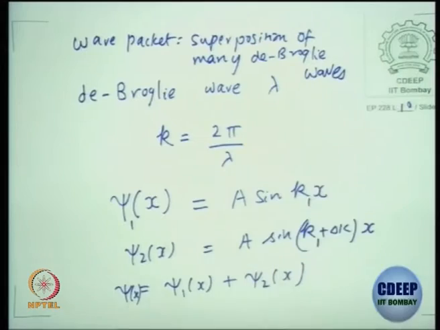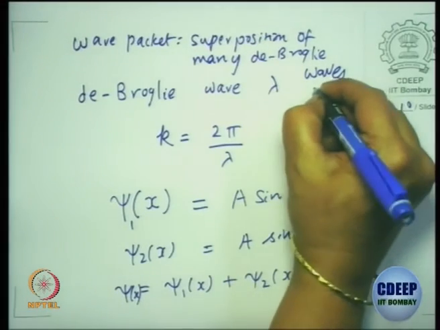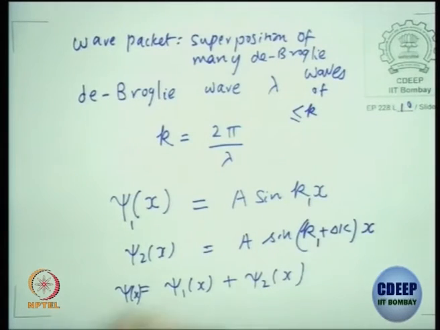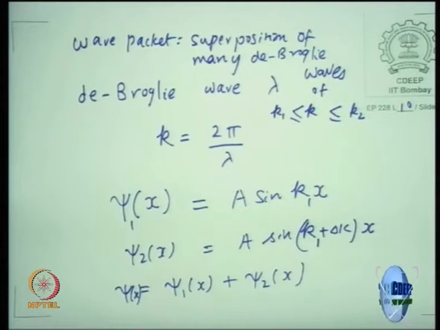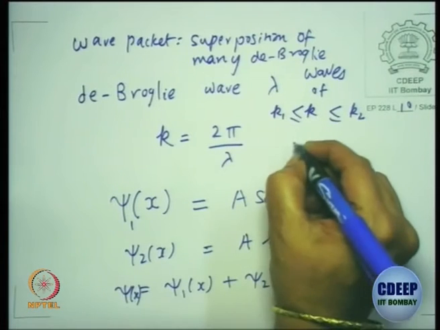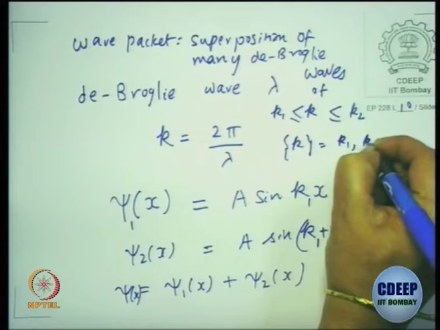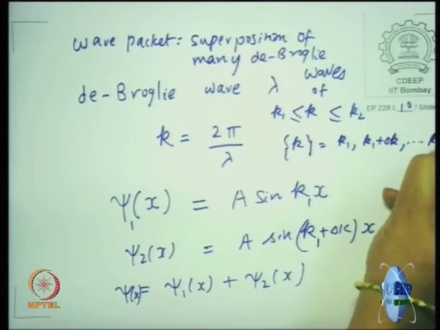You agree? Of different k lying between k1 to k2 in steps of delta k. So, the list of k's you can have is k1, k1 plus delta k, and so on, until k2.